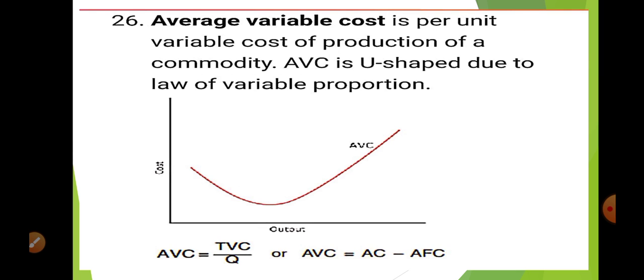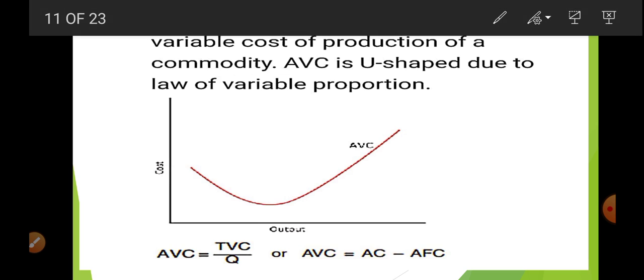Now, next is average variable cost. Average means per unit. So it is the per unit variable cost of production of a commodity. AVC is U-shaped due to the law of variable proportion. Till this point, that is point Q, which is its minimum point, it decreases.